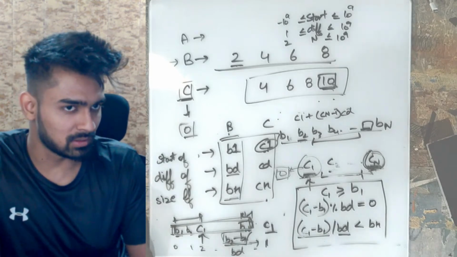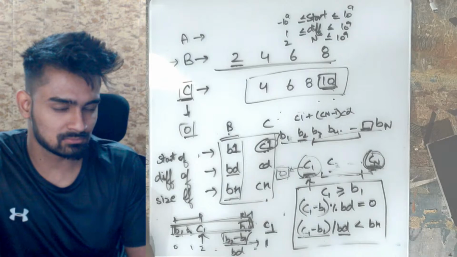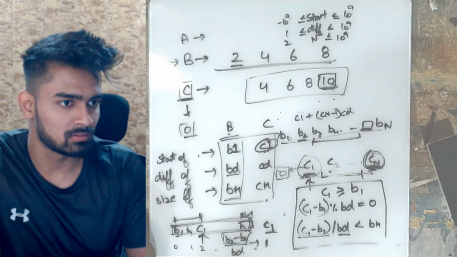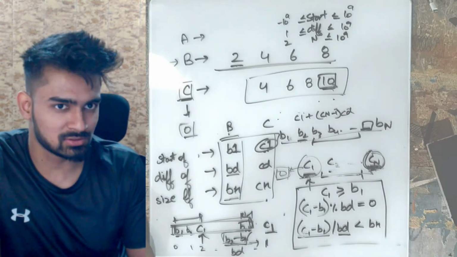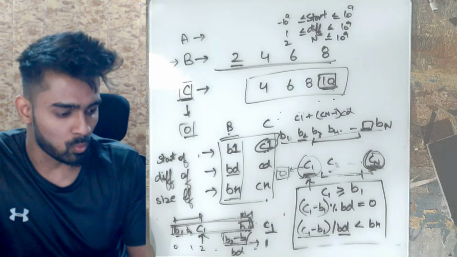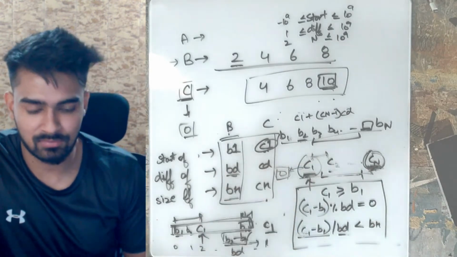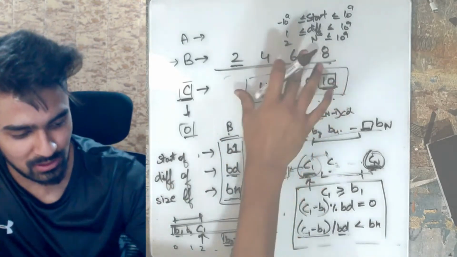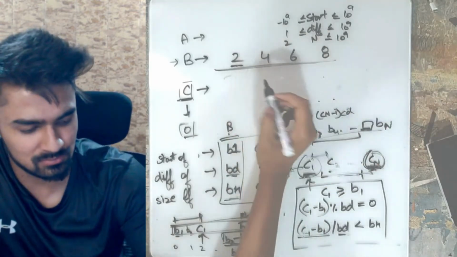Let's move to, okay, just a second. There is one more thing that I actually left. What if this difference is not a divisor of this? What if we made an arbitrary sequence, like 2, 5, 8?